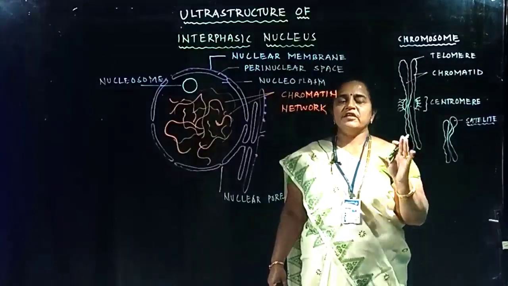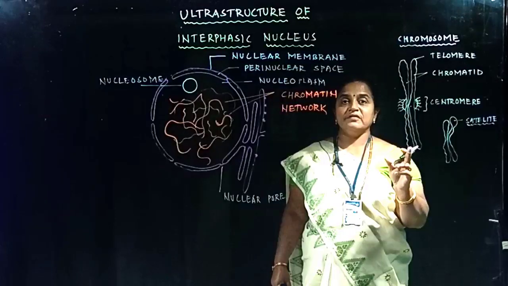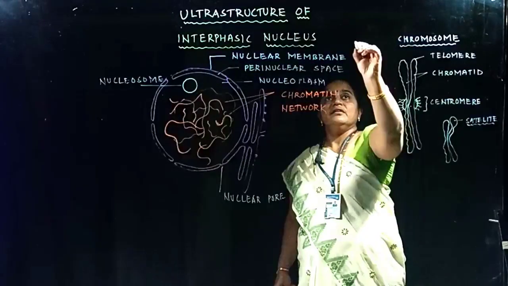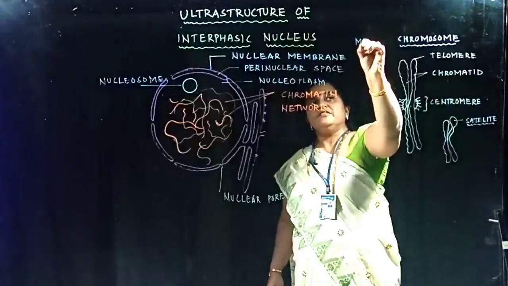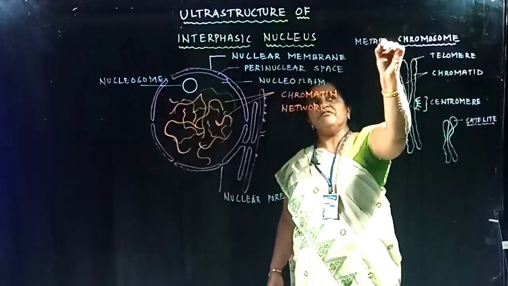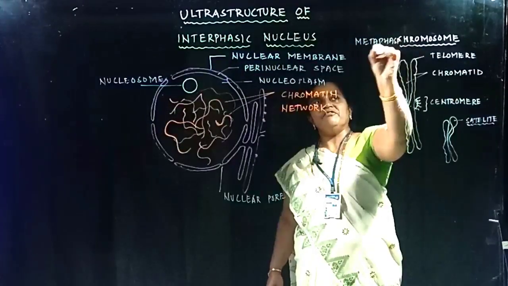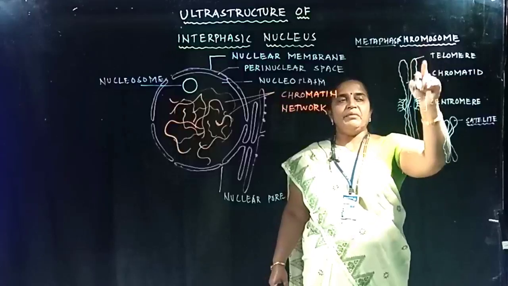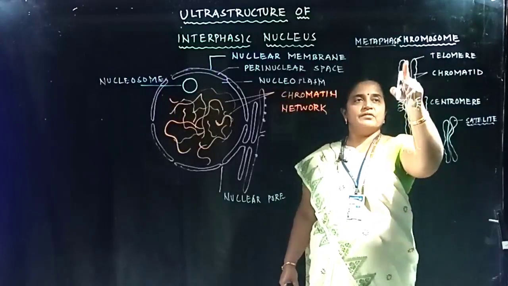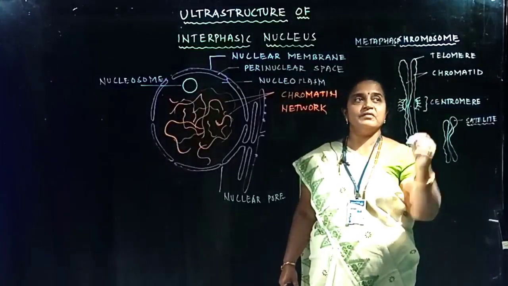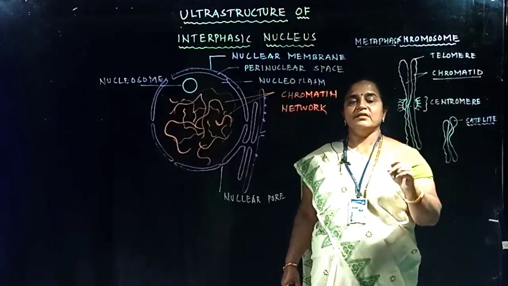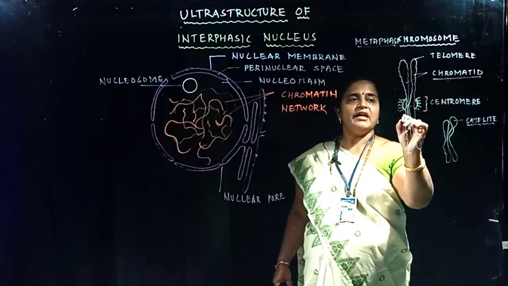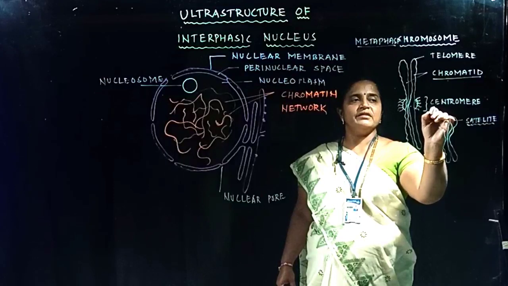This structure is again important for 5 marks: a typical chromosome visible in metaphase, which we call a metaphasic chromosome. A metaphasic chromosome shows two identical arms known as chromatids. Both are held together by a narrow region known as the centromere.